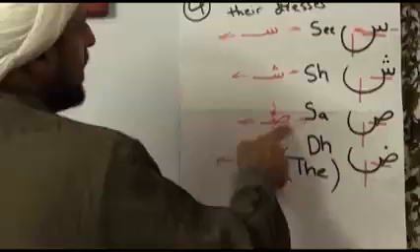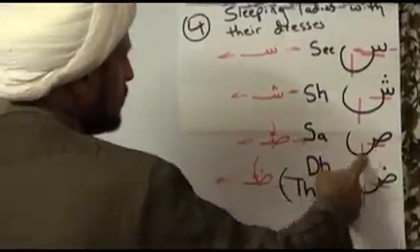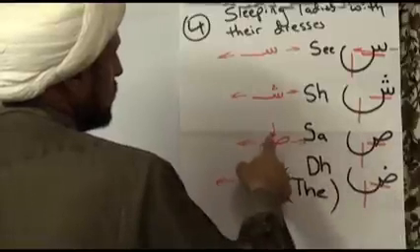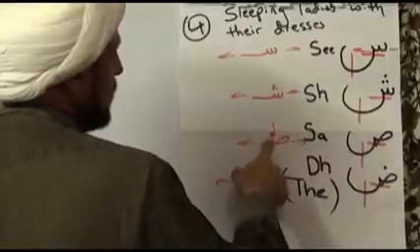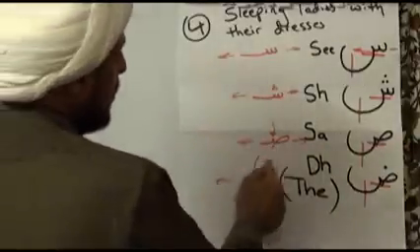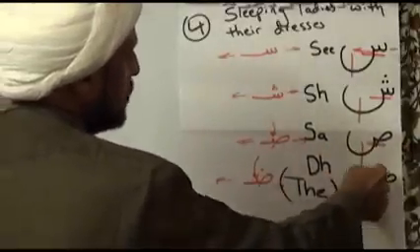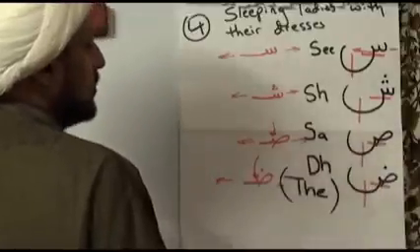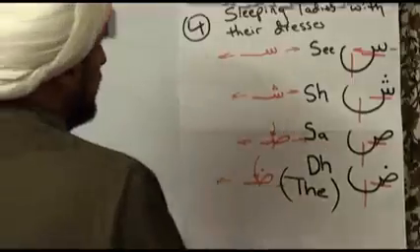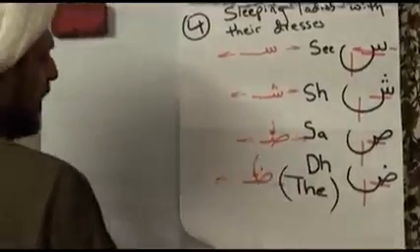But when you write the Sad and Dad, you cut the tail, but this notch is up, so we have to keep it. We cannot cut the entire Sad. We just cut the tail, so this notch remains. So these are 4, and then we spoke about the remaining letters.